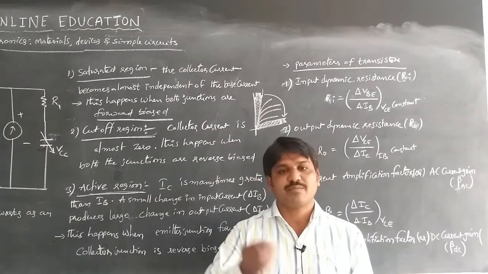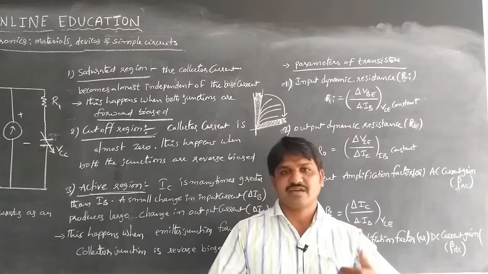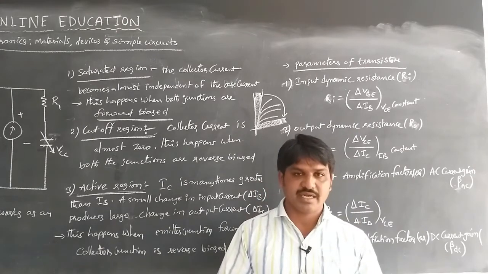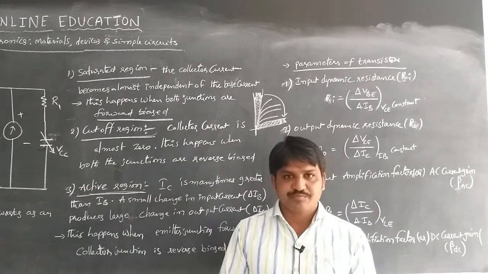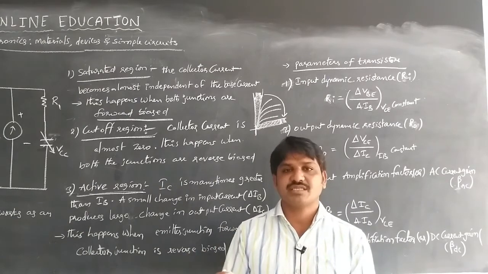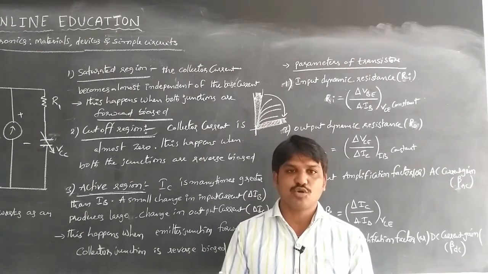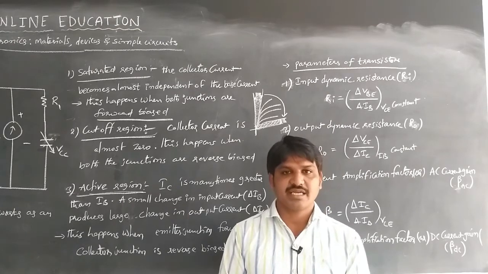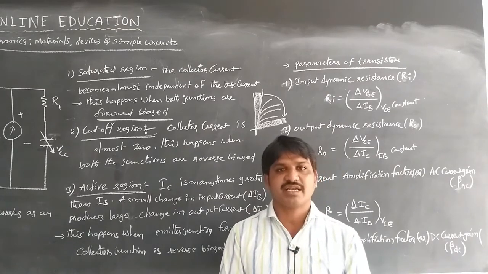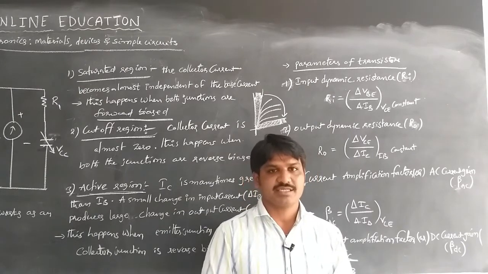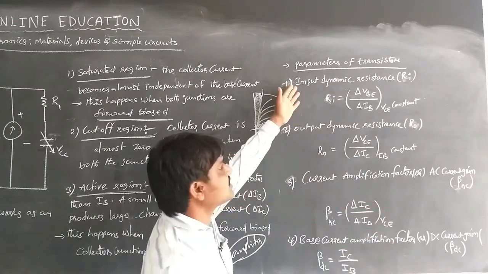By changing the input values, a large amount of current flows through the output. So we can get the input resistance, the output resistance, and the AC current gain and DC current gain from the input and output characteristics. Those are the parameters of a transistor.